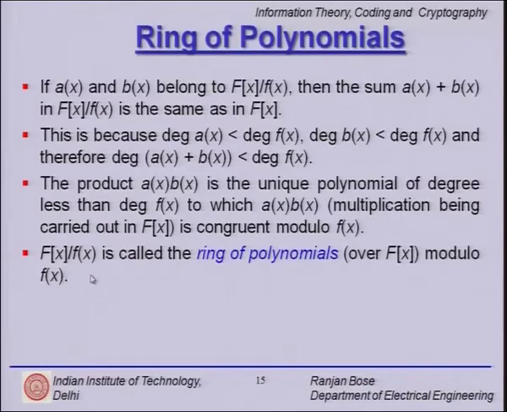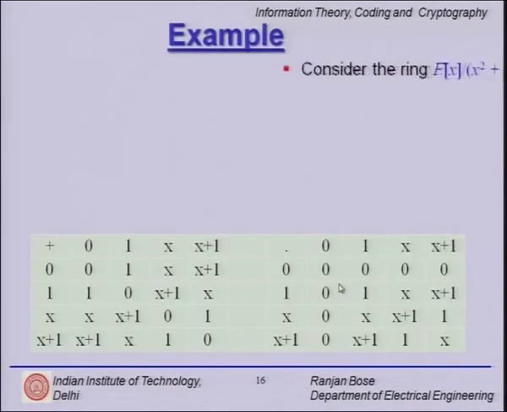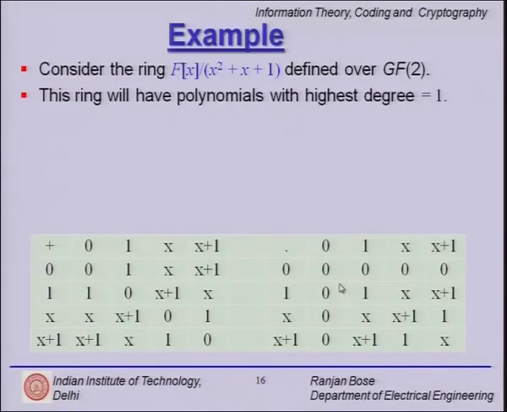Now, under some special conditions for f(x), the small f(x), this ring actually translates to a field. So, let us consider this ring again, capital F(x) divided by this polynomial x squared plus x plus 1. Again our arithmetic will be over GF(2). So, this ring will have polynomials with highest degree 1.